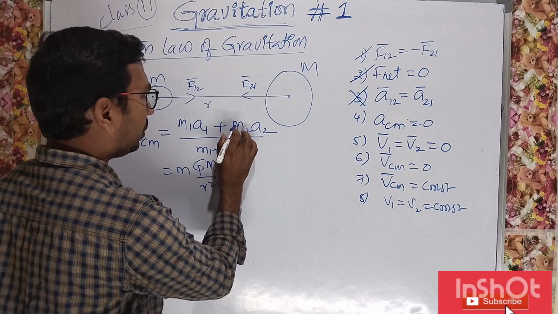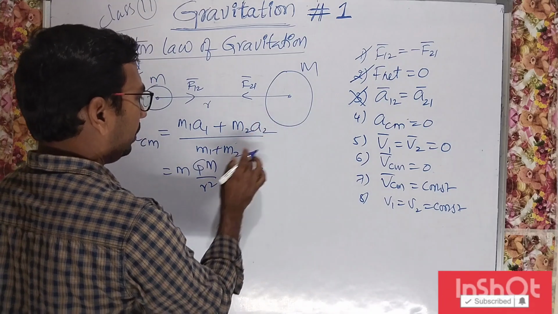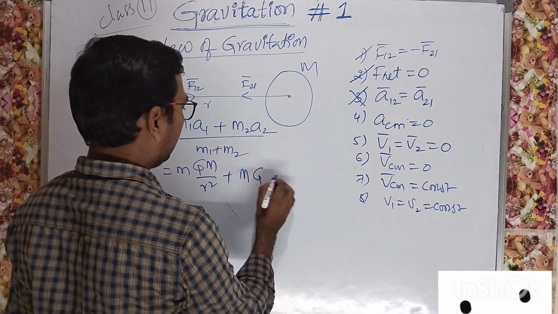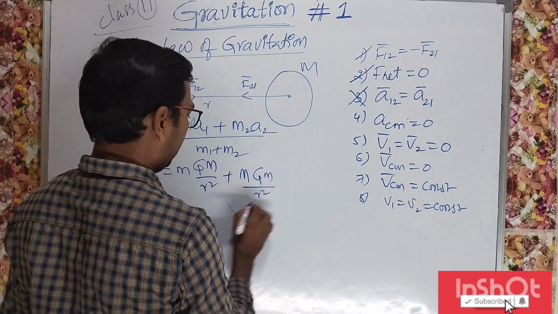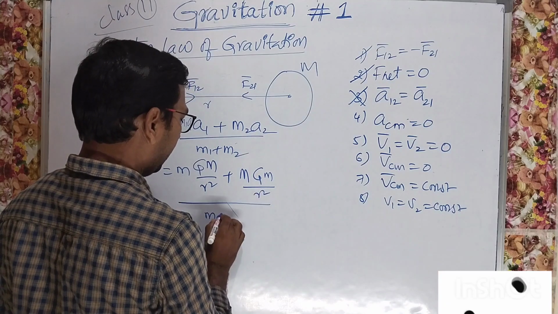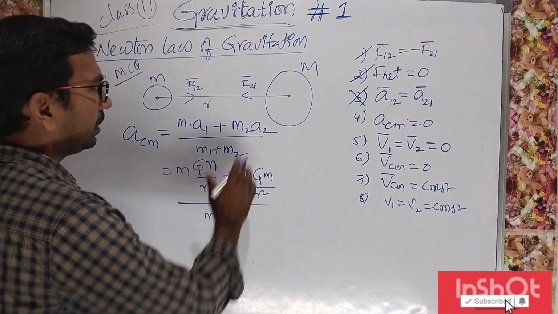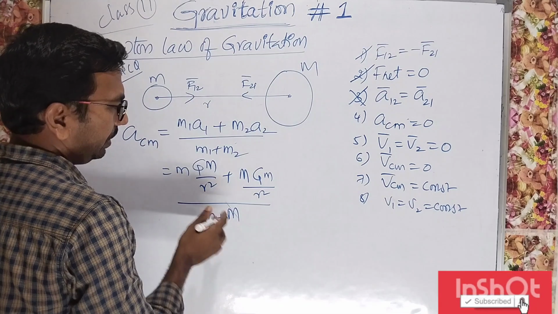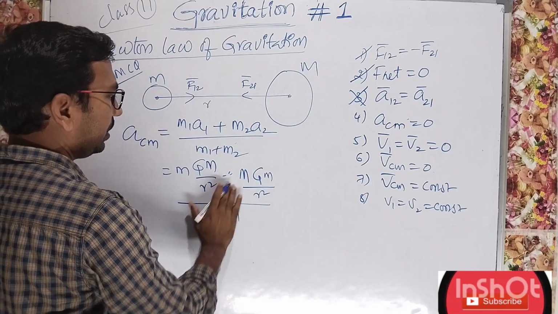M2 is capital M, and A2 is capital G, small m by R square, with a minus sign, because this acceleration is going in the opposite direction.